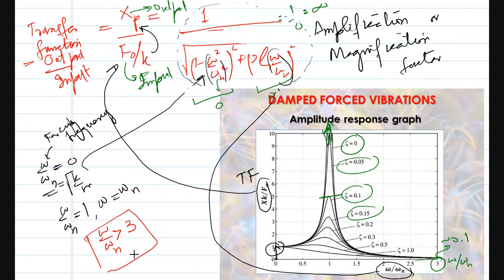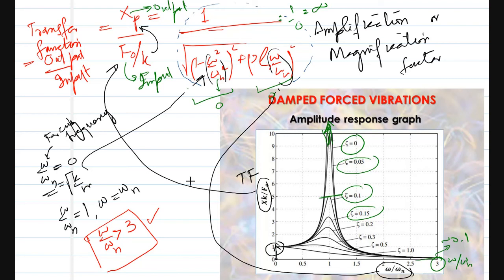That's how to control vibrations. First, you try to keep omega over omega n greater than 3, so that even with a very small damping of 0.05 or maybe 0.1, you get a very small amplitude. The second case is, in some cases you can't do that, and your frequencies become very close to 1, and resonance occurs.